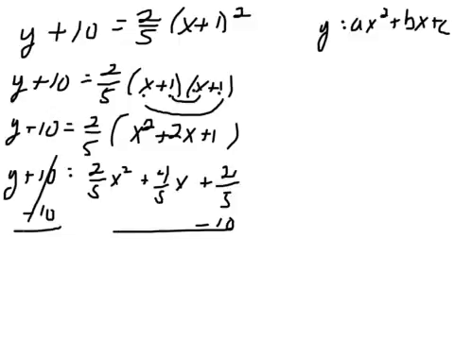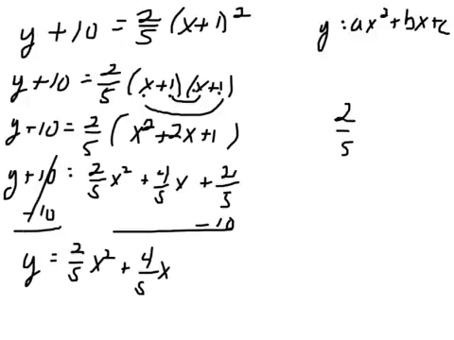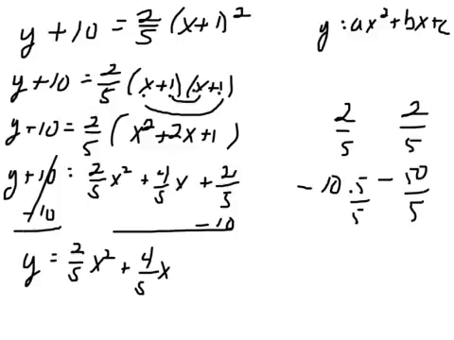And I'll get y equals 2/5 x squared plus 4/5 x, and then 2/5 minus 10. Now let me come off to the side here. If I have 2/5 minus 10, to get a common denominator I need to multiply the 10 by 5 over 5, and that would give me 2 over 5 minus 50 over 5, and that's going to be negative 48 over 5.